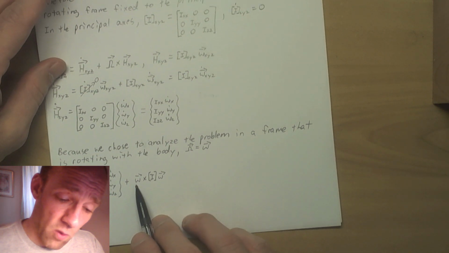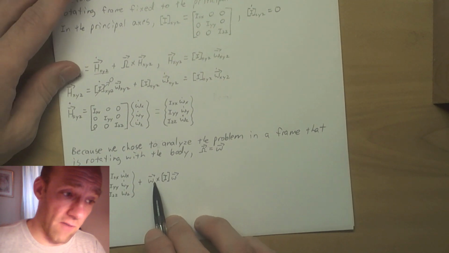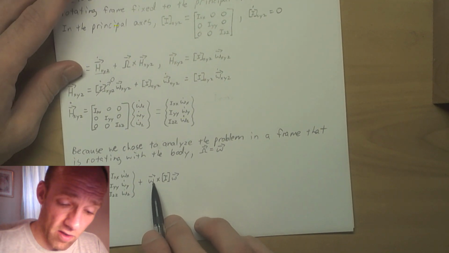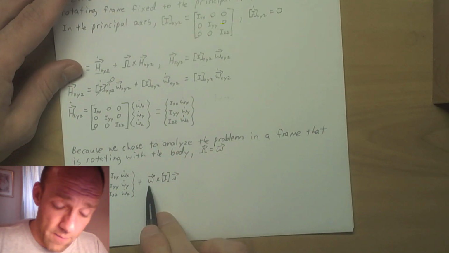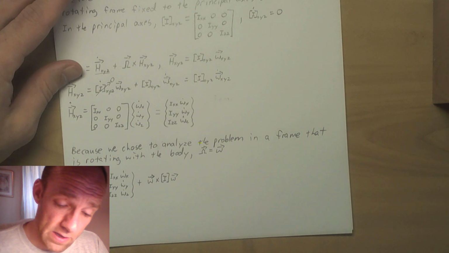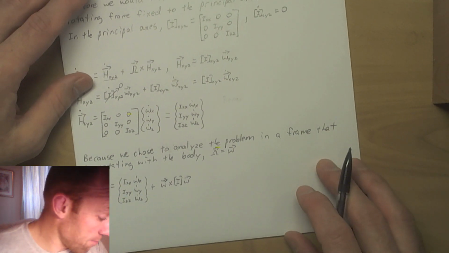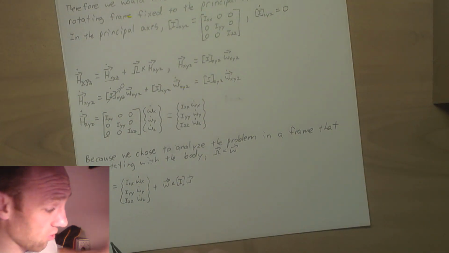It doesn't matter which reference frame. We're not talking about a derivative here. We're just talking about the vector itself. So the components are the same. It doesn't matter which vector we're dealing with. So now we've got to carry out this cross product.